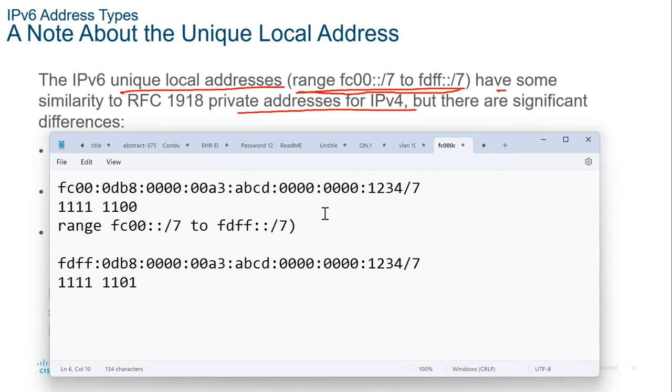But as you can see, the prefix length is saying that what is supposed to be uniform is the 7 bits. How many are the 7 bits here? These are 6, then this is 7. You see now that we have 7 bits, and even here, the 7 bits are there.